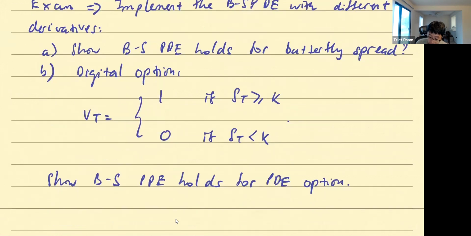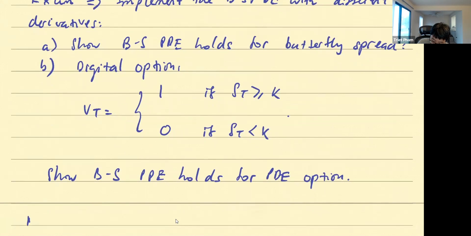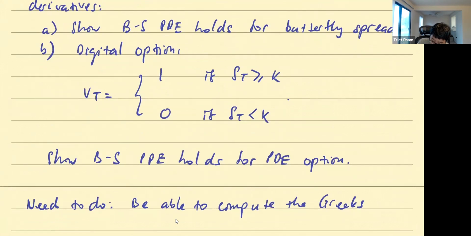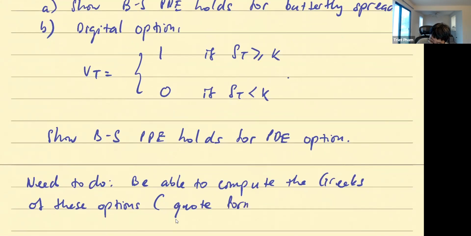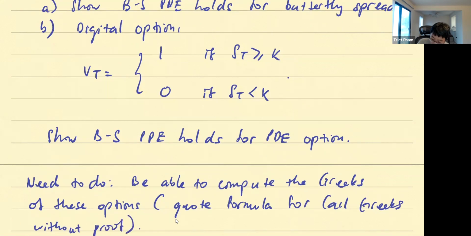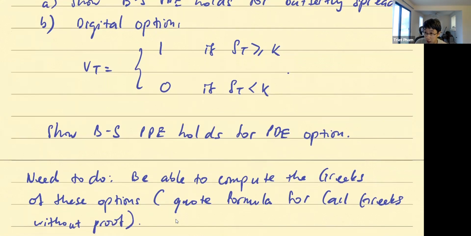So what I expect is that you need to be able to compute the Greeks of these options. You can quote the formula for the call option Greeks without proof, and then plug those in and show me that it is indeed equal to 0.